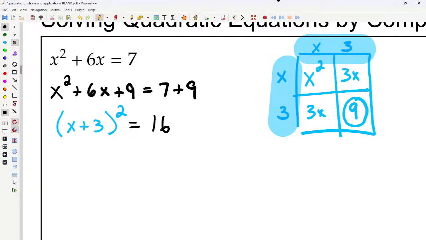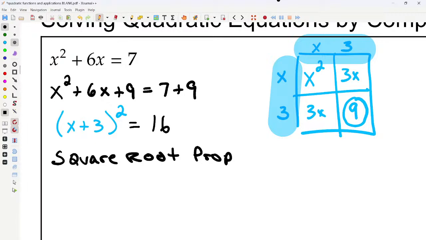And now we can solve this equation by inverse operations, by undoing. We can undo squaring by what? What allows us to undo squaring? Square root. So take a square root. If anyone ever asks you, it's called the square root property.